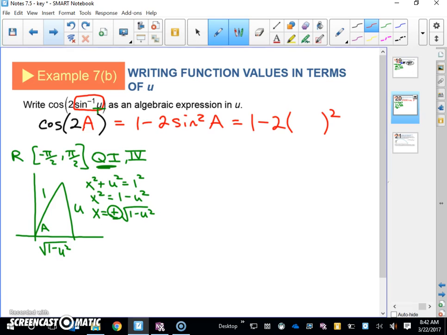It turns out that this was easier than I even made it, because you could have told me the sine ratio without drawing this picture. Look at the picture and tell me what the sine ratio is. It's u over 1, right? Maybe we could have told that just from looking at the problem. The sine ratio is u over 1, of course it is. And so what I have then is 1 minus 2u squared. That's it.